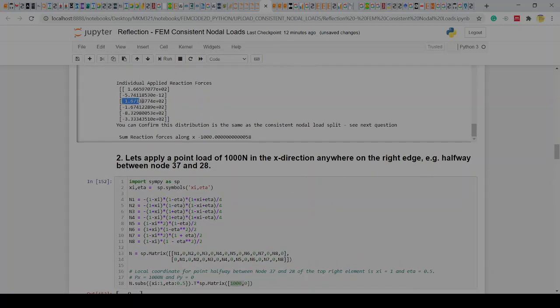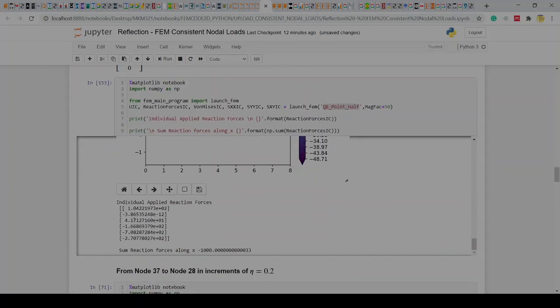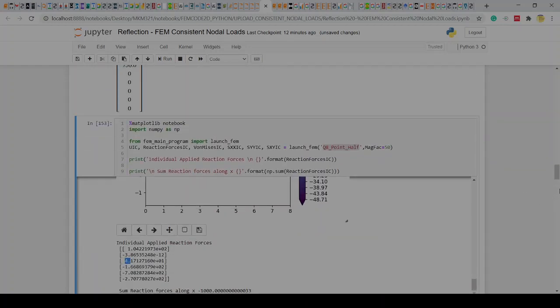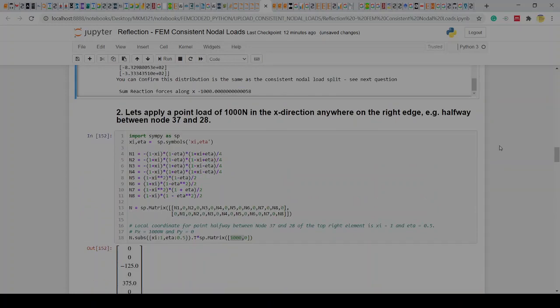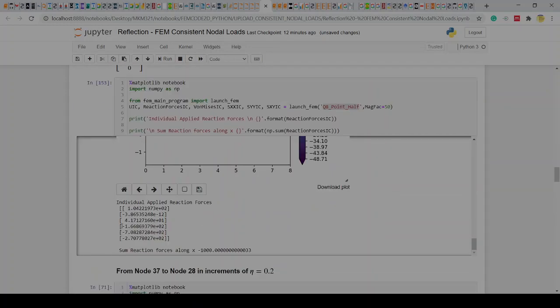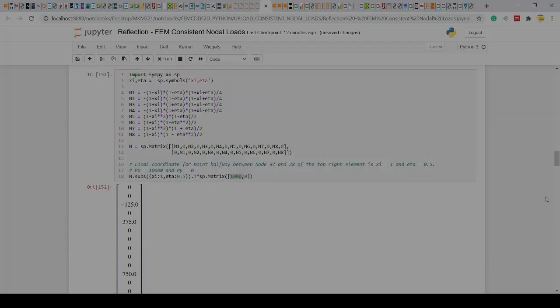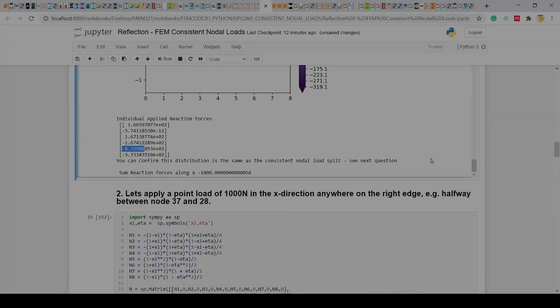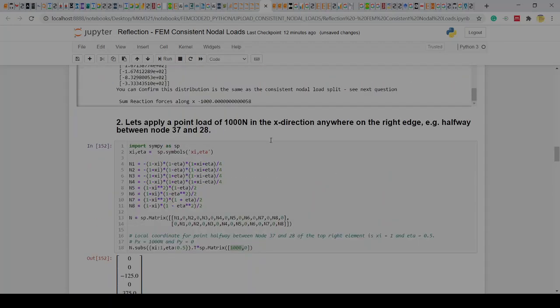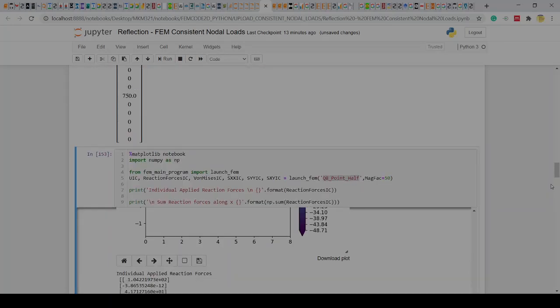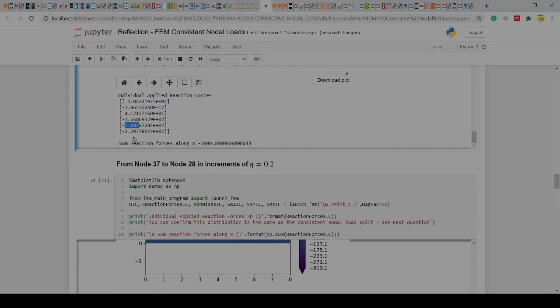This went down from 167 to 41, from a minus 167 to 166. I've got here minus 83 down to minus 70, minus 333 down to minus 270.